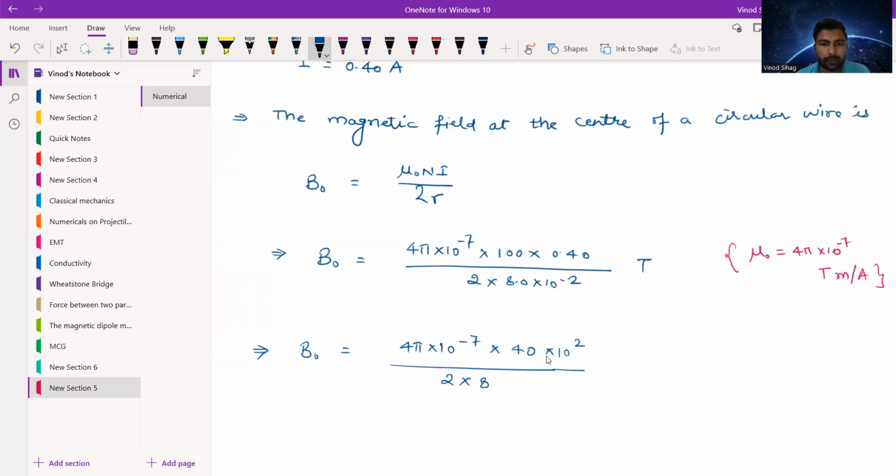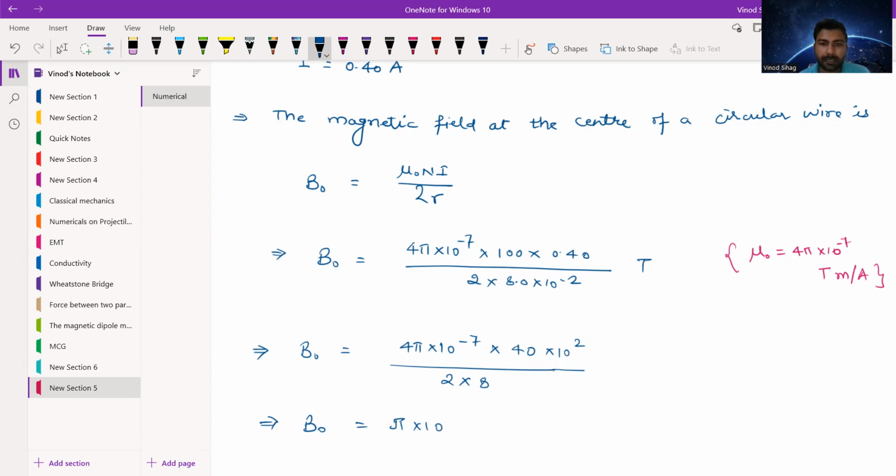Now from the numerator and denominator, we can say that B naught equals 4 into 4 is 16, and in the denominator also it is 2 into 8 is 16. So only pi is left. So the answer will be pi into 10 to the power, 2 and plus 1 from here, so it will be plus 3.